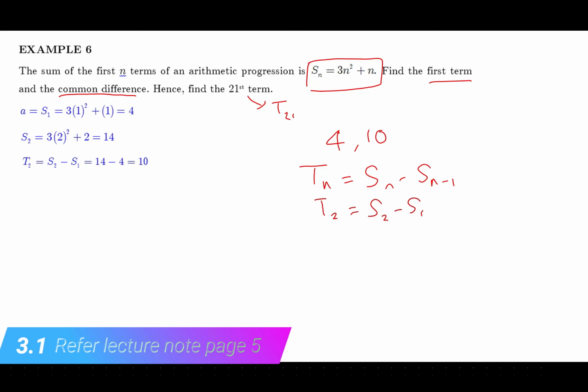So the common difference will be 10 minus 4, which is 6. Next, to find the 21st term, T21, we have to use our previous Tn formula, and then substituting our A, D, and n into our Tn to get 124. And we're done.